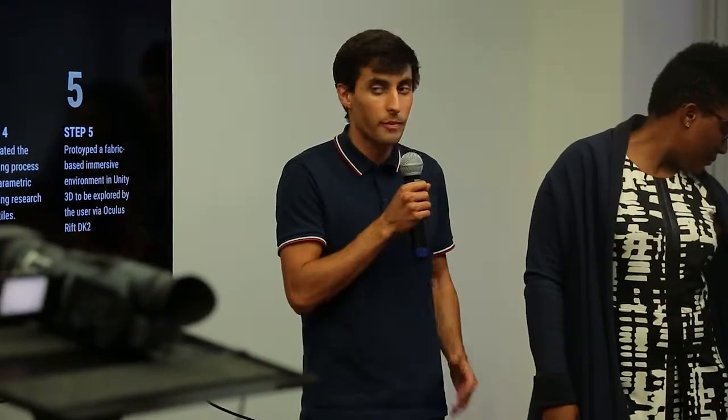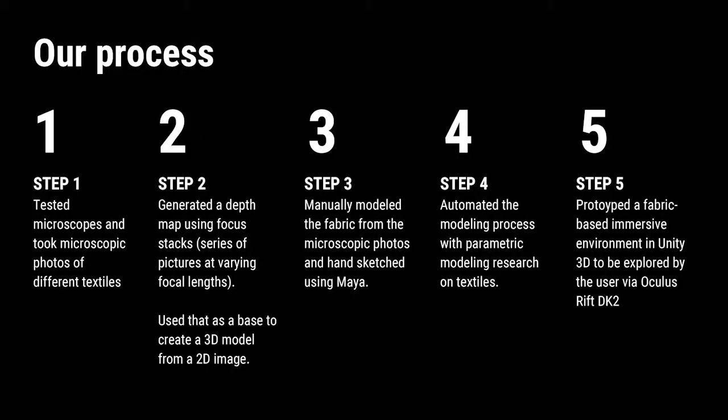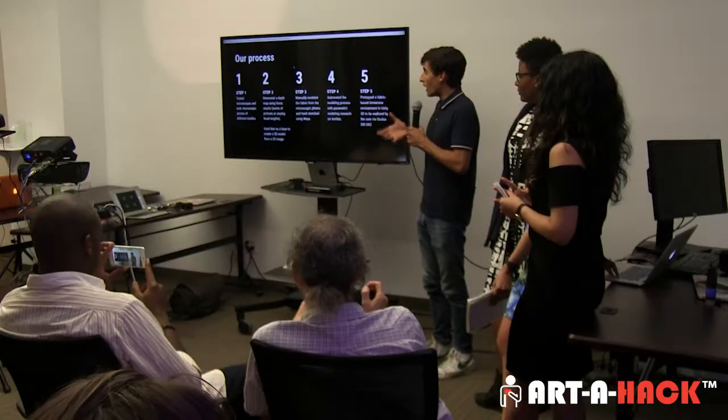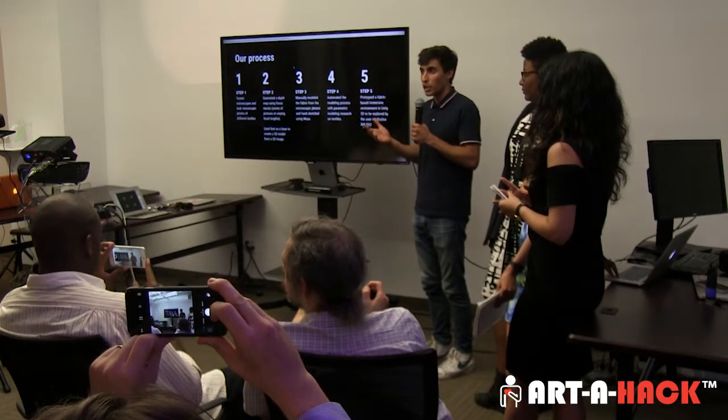Okay, so we knew that we wanted to get very close to the fabric, so we first investigated some microscopy techniques. We used USB microscopes and 3D printed microscopes. And these next three steps cover our attempts at making a 3D model from these photographs. We tried making a depth map from a focus stack of photographs of the fabric, and then we manually modeled what the threads of the fabric might look like using Maya.